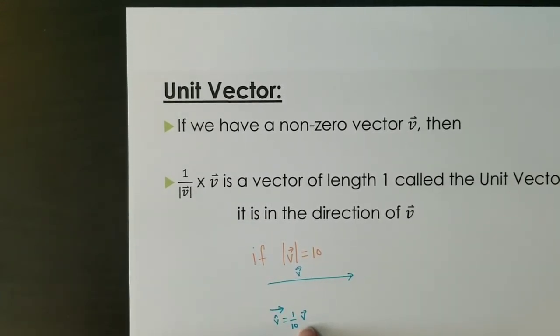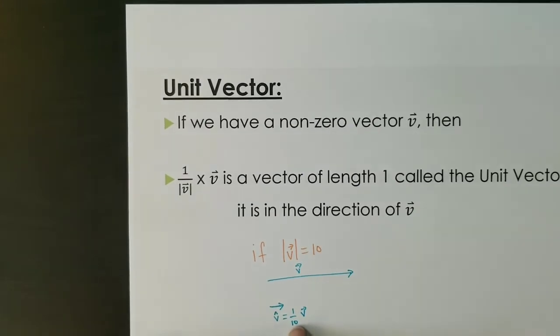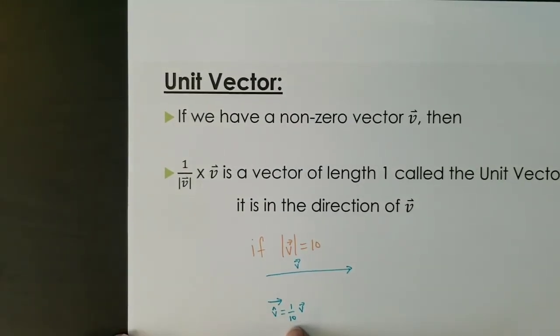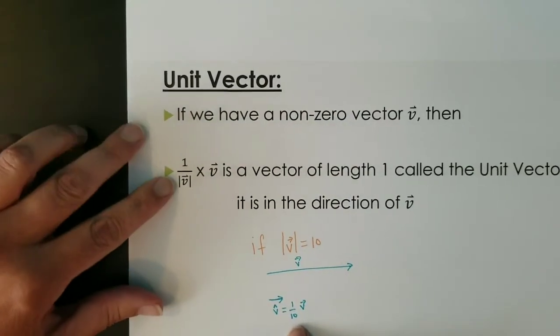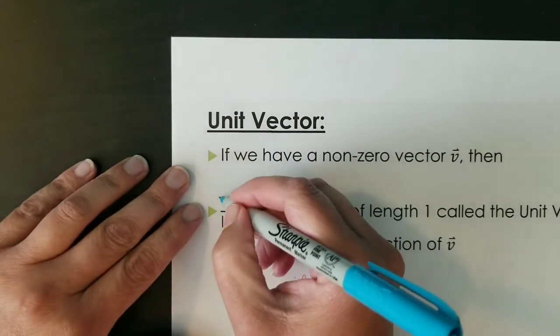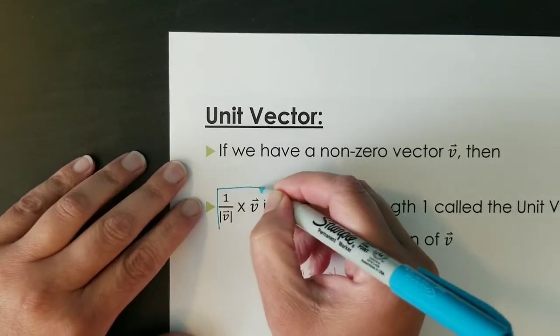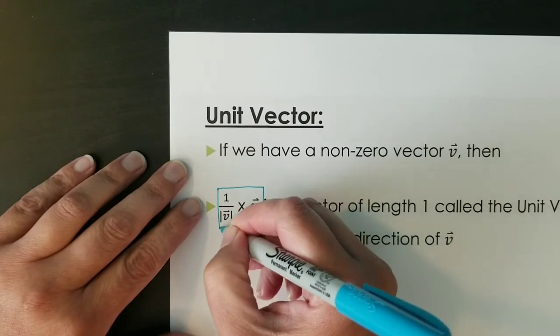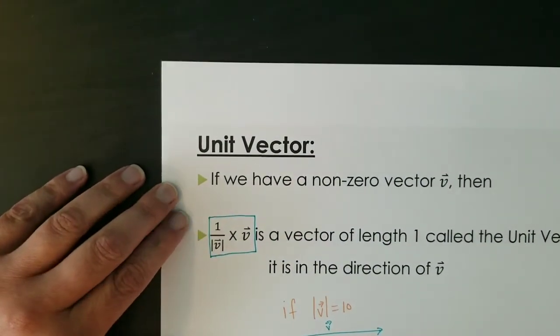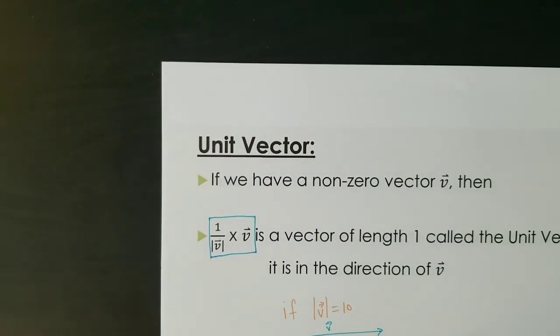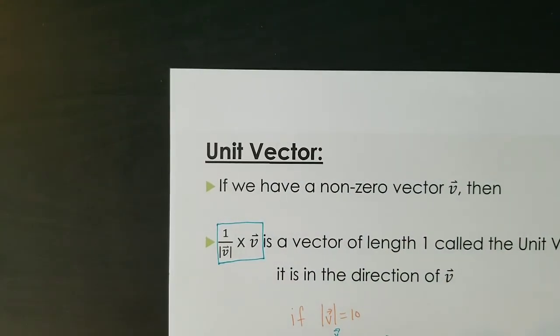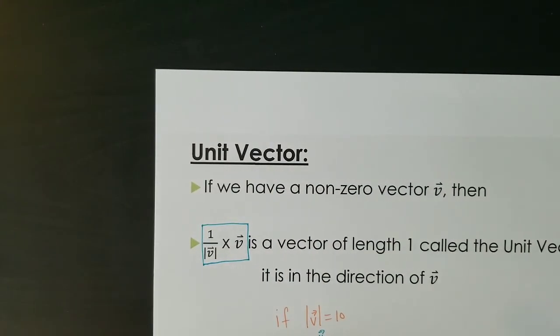It's the same direction, but scaled down to have 1 over the magnitude. So that's the formula for a unit vector, and that's why it works. You're going to take whatever the magnitude is and multiply by 1 over that magnitude to scale a vector down into a unit vector that would be smaller.